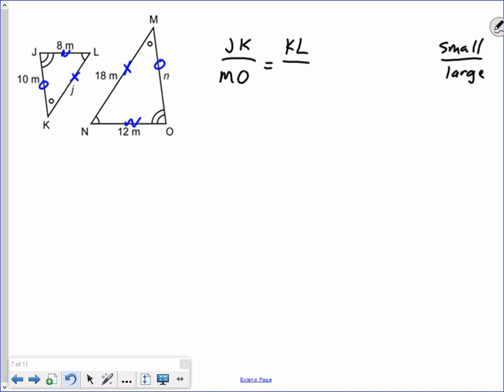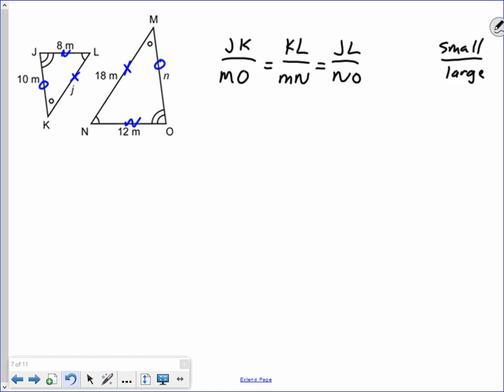KL has the X in it, so that has to correspond to MN. And then our last side is JL, which corresponds to the other one with the squiggle, NO.